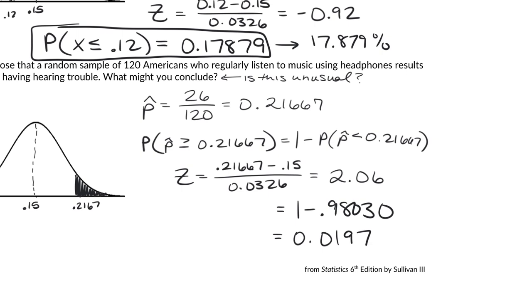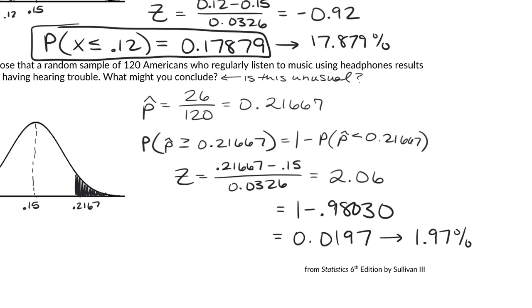Now, let's just do this as a percentage because sometimes this is easier to look at. If I change this number to a percentage, what percentage is that? 1.97%. So question, is this unusual? What was the percentage for unusual? 5%.